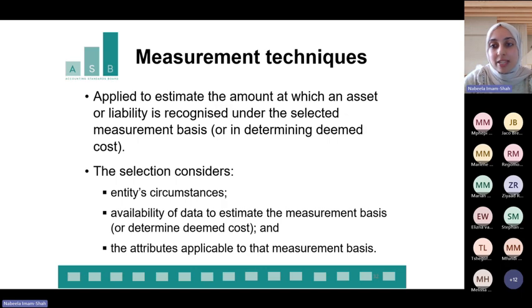If multiple measurement techniques are used to measure the asset or liability under the selected measurement basis, the results shall be evaluated considering the reasonableness of the range of values indicated by those results. Now, measurement techniques must be applied consistently. Where there is a change in a measurement technique, then this is accounted for as a change in estimate in accordance with IPSAS 3.